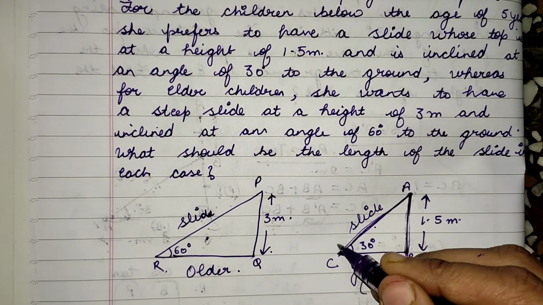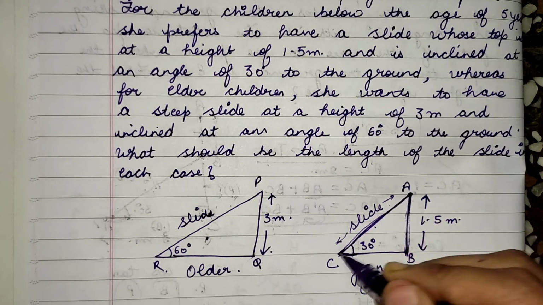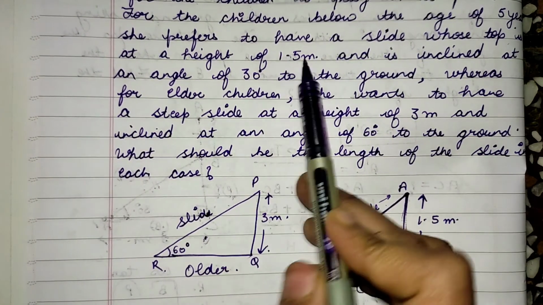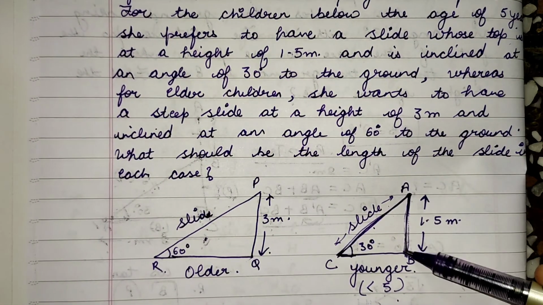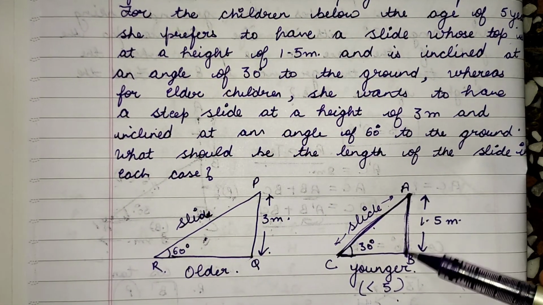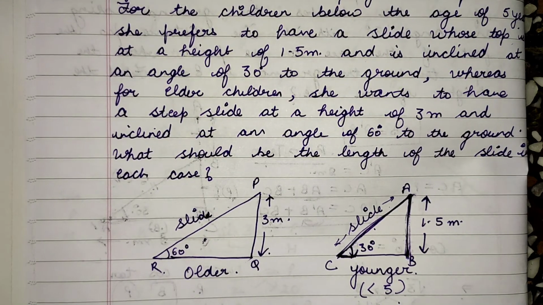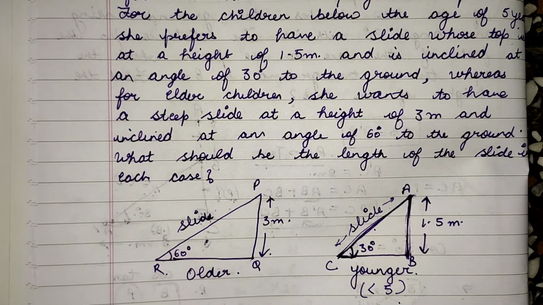Height is given to you, not the length of the slide. Length of the slide is not given to you. What is given to you is the height of the slide, 1.5 meter from the ground, and this slide is inclined at an angle of 30 degree.